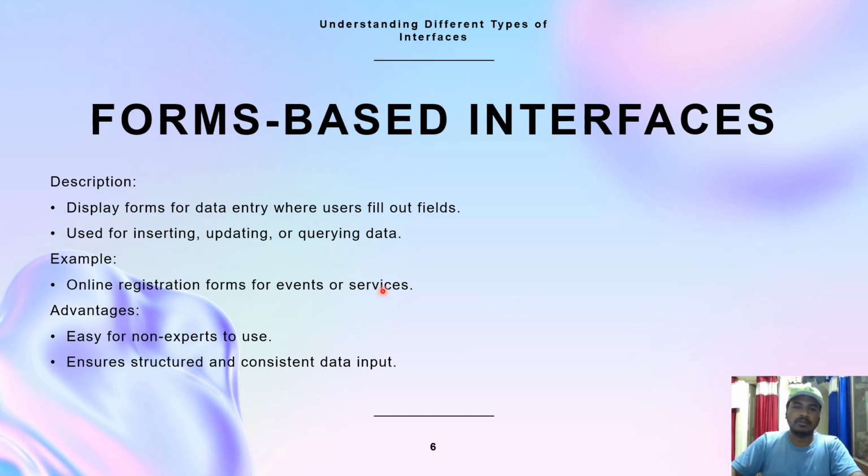As we have filled many online registration forms, where you have to input the data, insert basic data, like upload a photo, then maybe update something, like if you have input something wrong, or querying the data like that. So that is the example for online registration forms for events or services, the form-based interfaces. So what are the advantages? Easy for non-experts to use, ensures structured and consistent data.